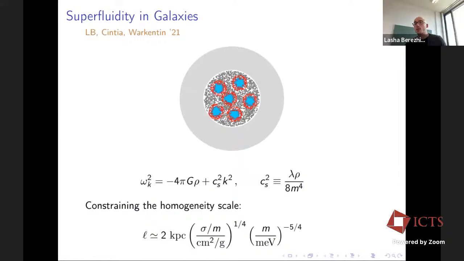Let's think about it, right? A fuzzy dark matter particle has a de Broglie wavelength of, let's say, 1 or 10 kiloparsecs. Now if I take a 10,000 times heavier particle, let's say 10 to the minus 15 electron volt, for instance, then the de Broglie wavelength will be a parsec.